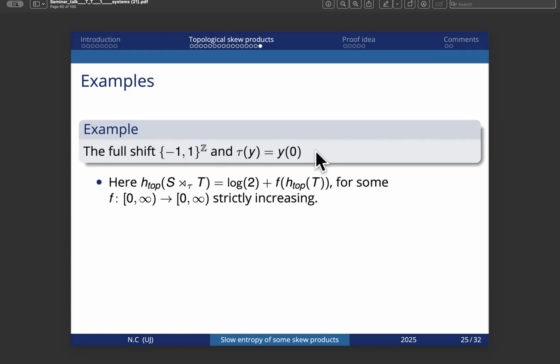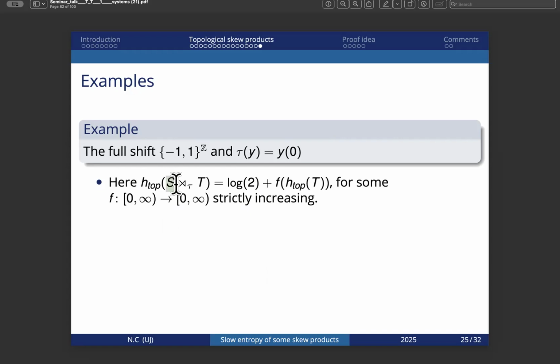So it's different. In particular, something which is bothering me a little bit: how does this work with the variational principle? Because it's only for a specific measure that it is log 2. Yes, right. So it is log 2 for any measure which is a product of the two measures.